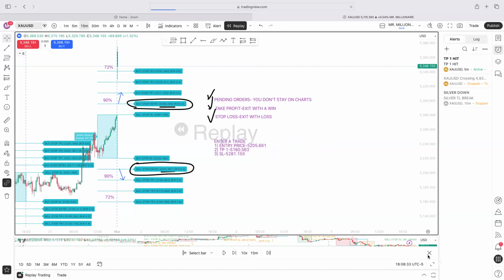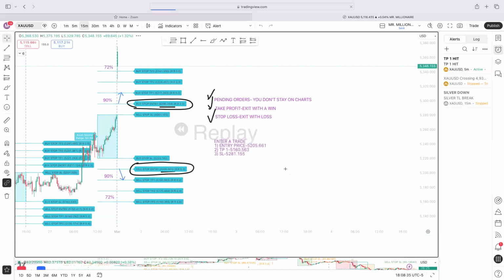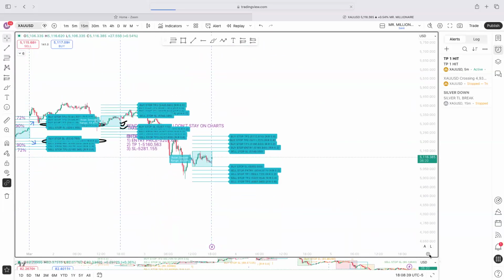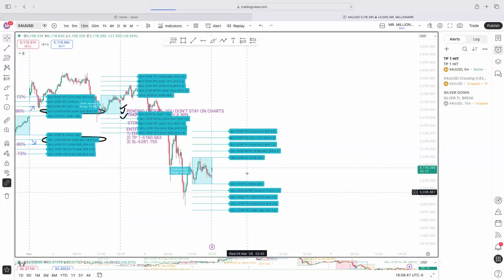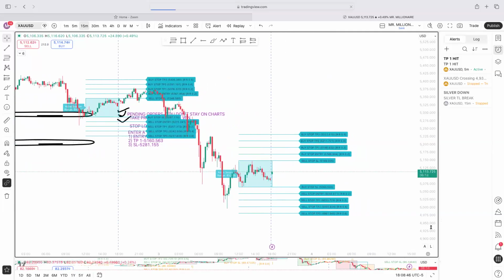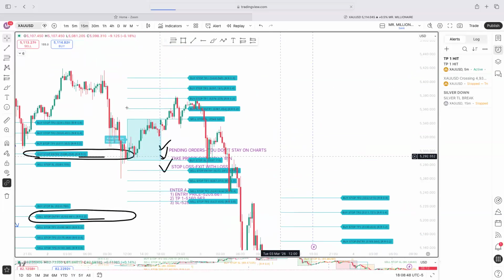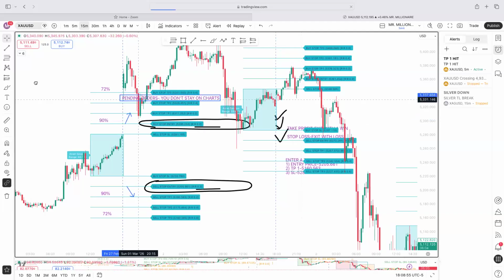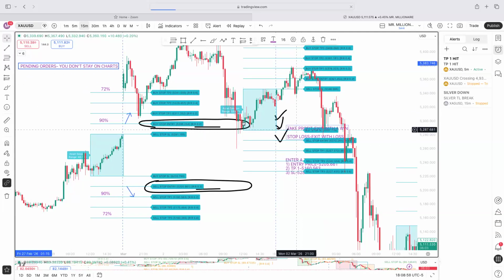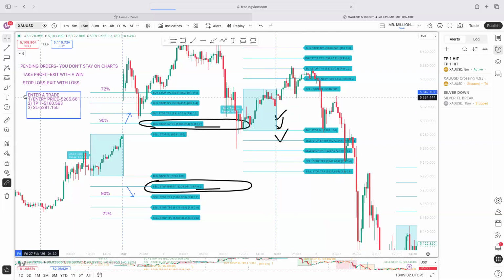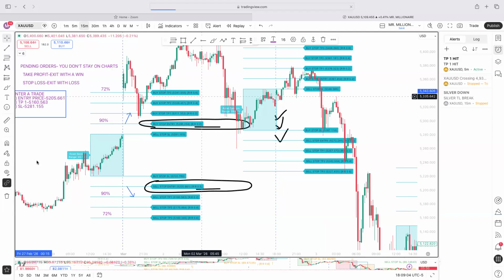And let me get out of replay mode. And if that just threw you guys off at all, let me go back here. And I'll use the example that we were just using, which was this trading situation here. Okay, it was this situation right here.